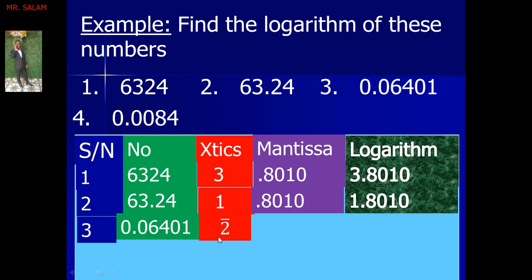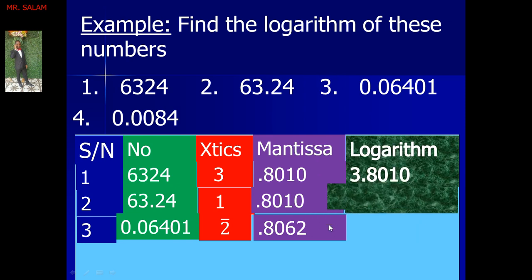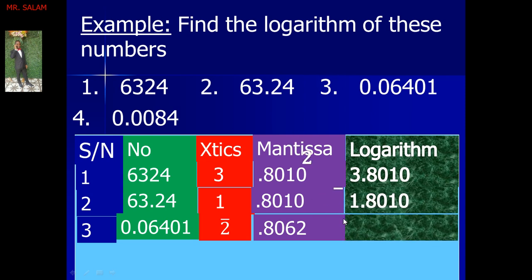Then how do I find the mantissa? You locate the logarithm of 64 under 0, difference of 1. So that will be 0.8062. So the final answer will now be bar 2.8062.